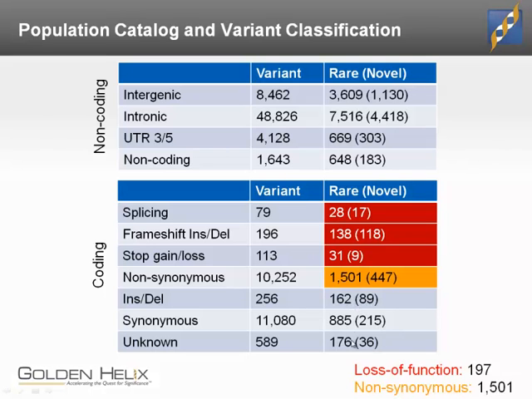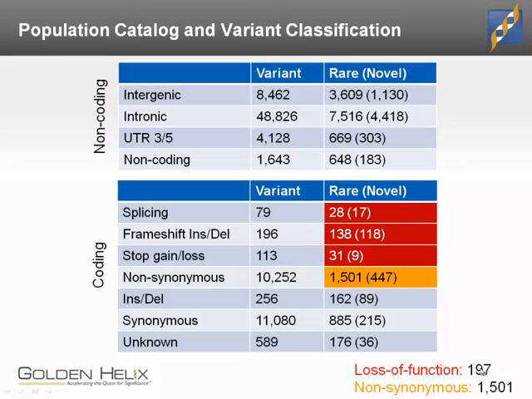And there's some that are unknown because the annotations do not actually represent full protein coding genes. So what is left then is these 3 highly categorized variant groups, which are splicing variants, frameshift insertions and deletions, and stop gains and losses. And these ones we expect to have a high impact on those proteins.